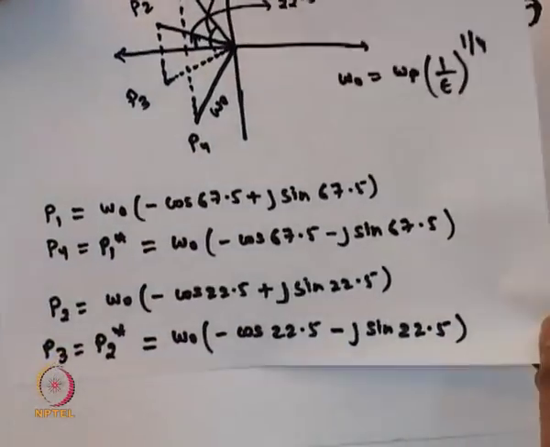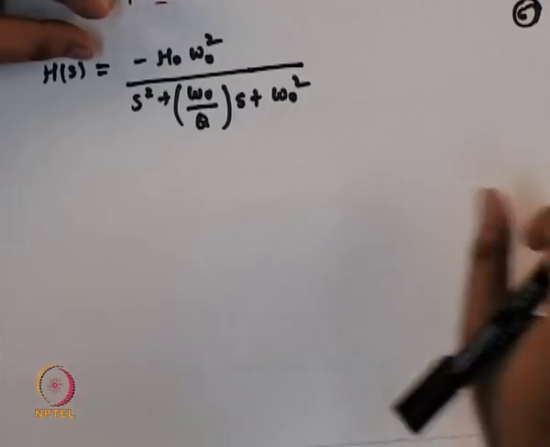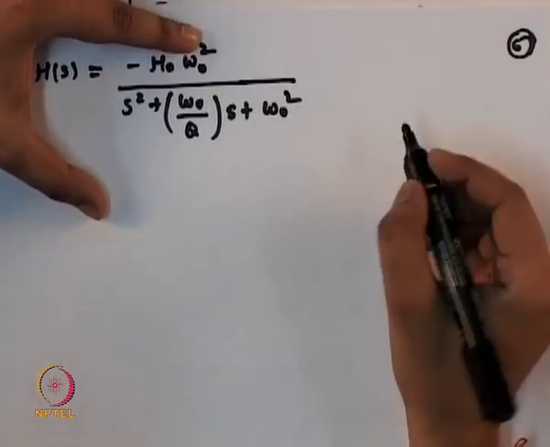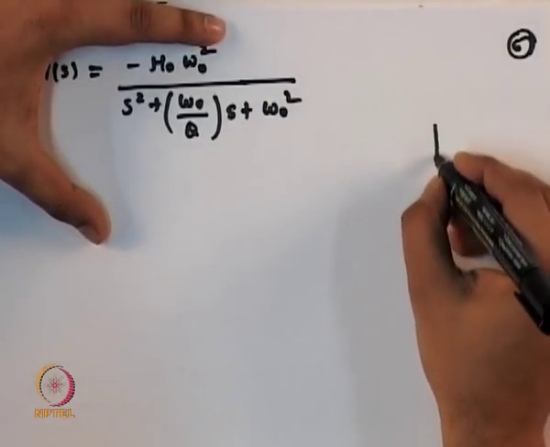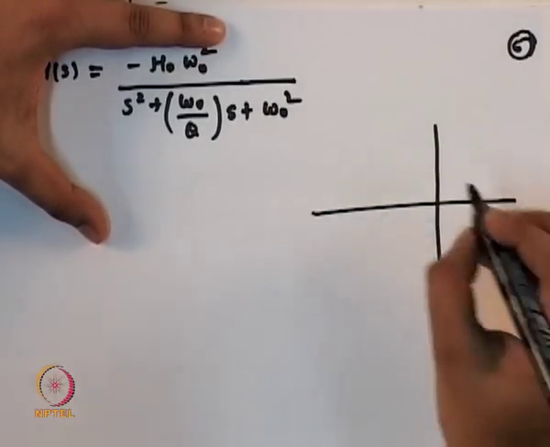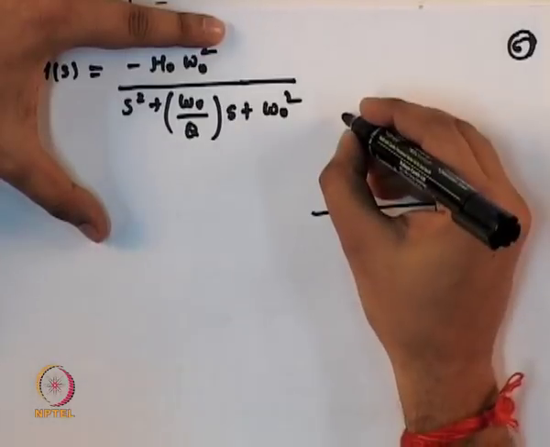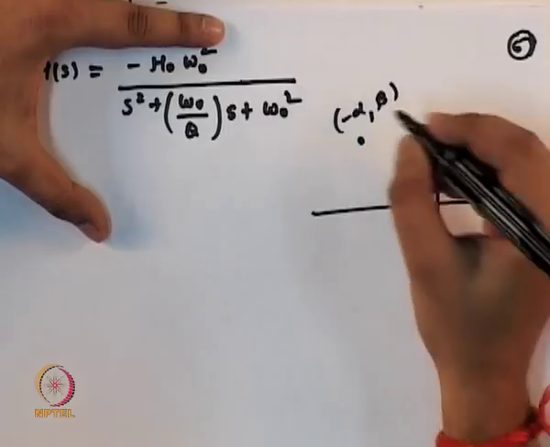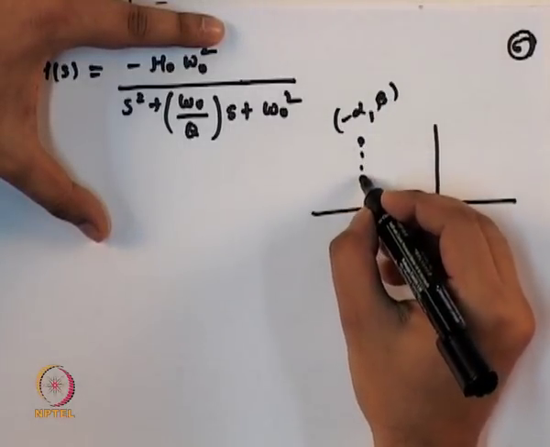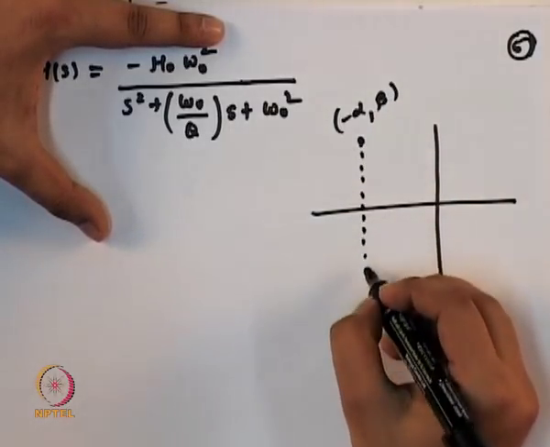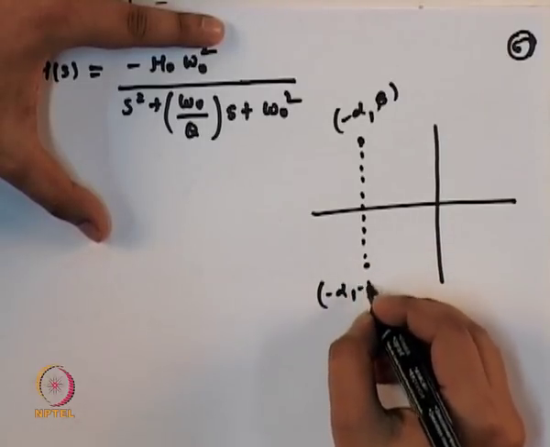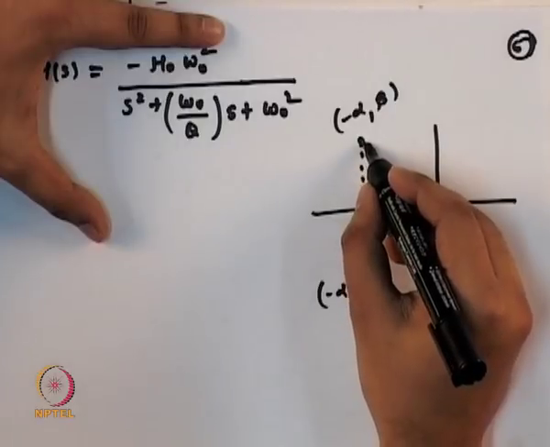So if we have to realize a second order filter with complex conjugate poles, assume a pole of the filter at minus alpha plus j beta and its complex conjugate at minus alpha minus j beta.